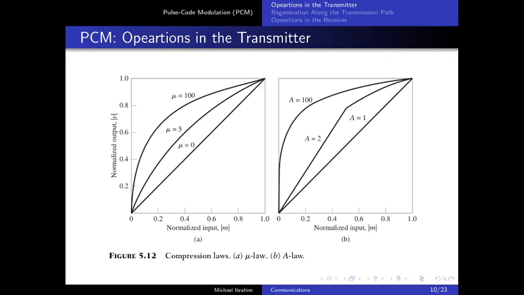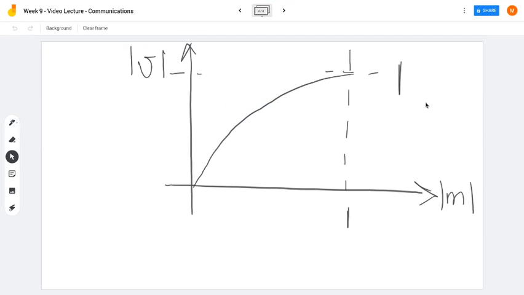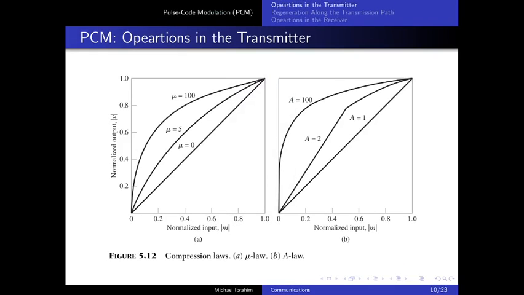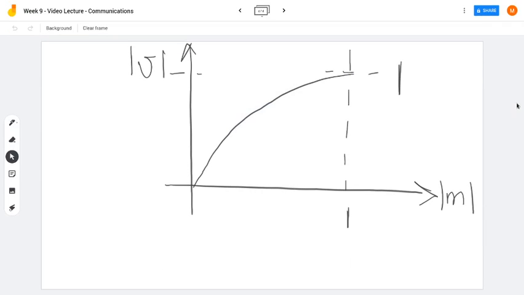So moving to our whiteboard over here, let's say we have a mu low curve over here, as you can see. And let's imagine that, of course, this is M, the input to the compression circuit, and this is V, the output from the compression circuit. And let's imagine that the input M is divided into uniform steps like this one. So now we have uniform steps for the input message.